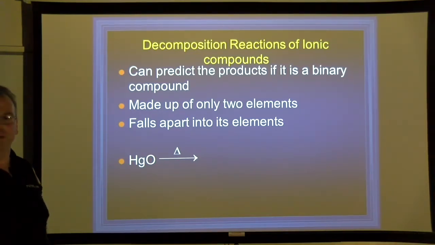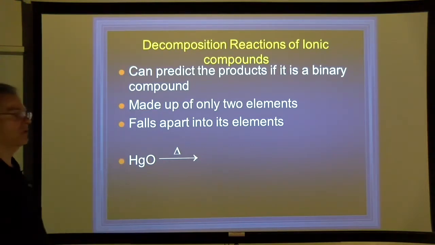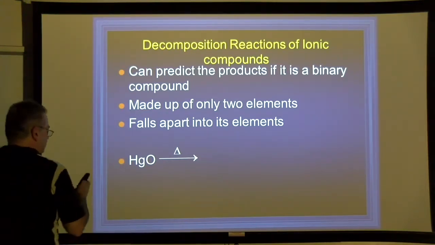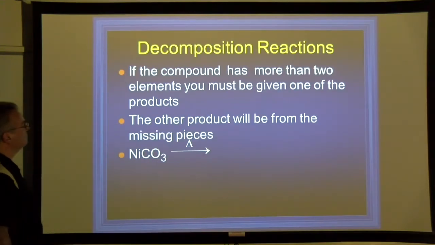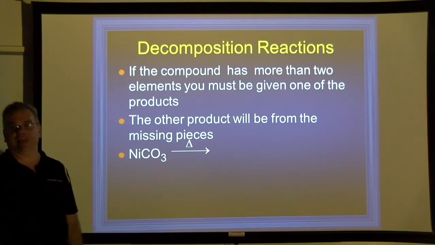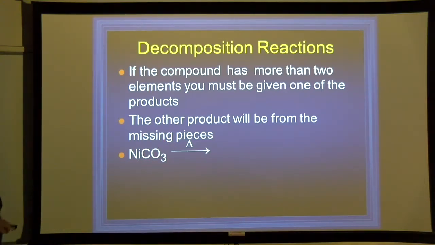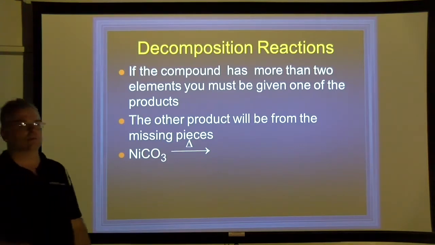What do you think? Hg stands for mercury. That's right, mercury and oxygen. Very good. Now these with the polyatomic ions, they're harder to predict, but they're not going to ask you that. But you need to know if I start off with one reactant and I make multiple products, that's decomposition.